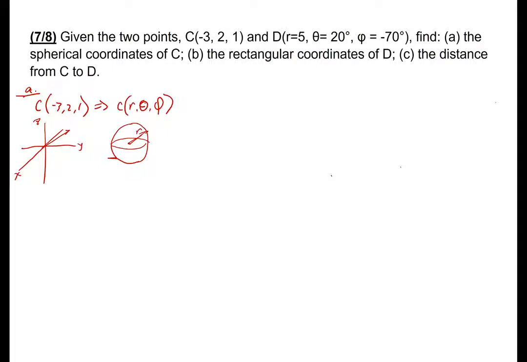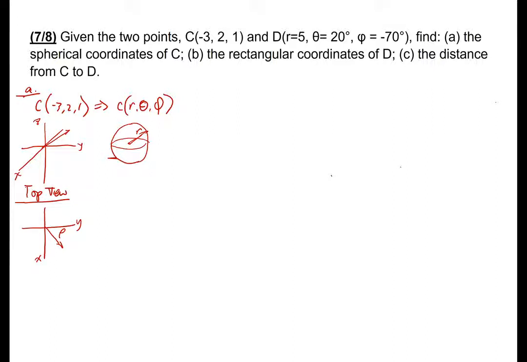Okay, but if we look at the top view of this 3D plane, so we have XY. This one is the rho. So actually R and, sorry, not P, rho. The R and rho are equal if theta is equal to 90 degrees.